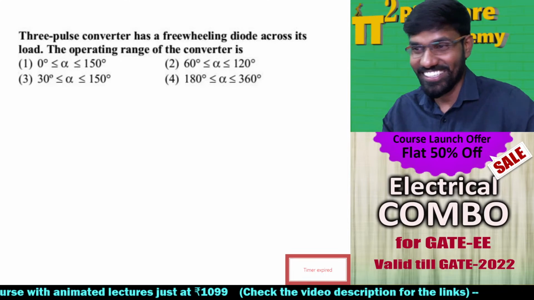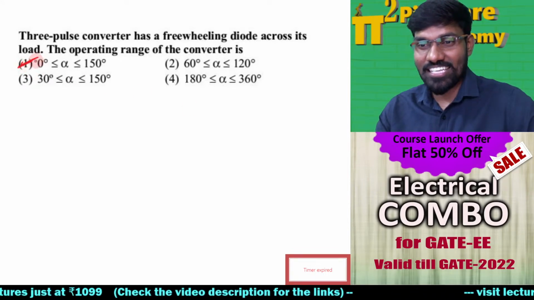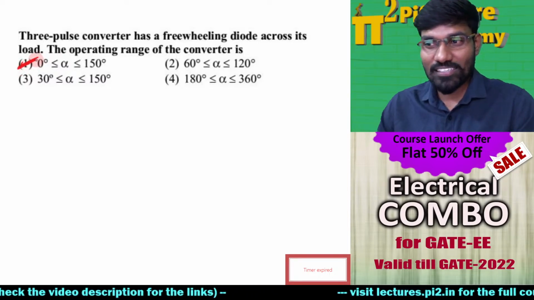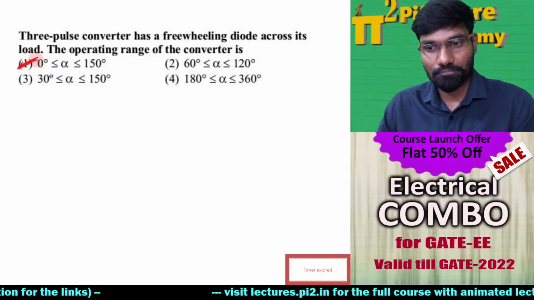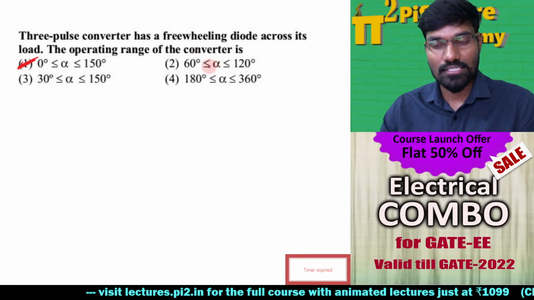Anyways, this is the answer. A 3-pulse converter has a freewheeling diode across its load. What is the operating range of the converter?